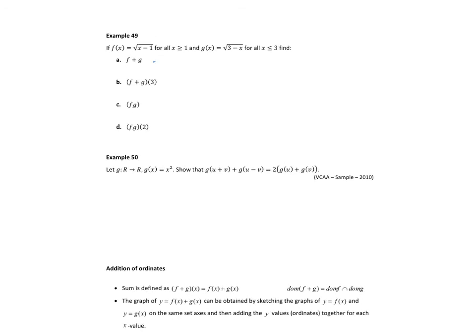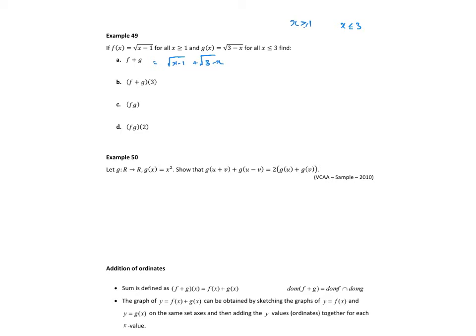F plus G is simply just root x minus 1 plus root 3 minus x. Okay. Let's talk about a common domain. Let's talk about the domain for all of these. So the first graph is x is greater than or equal to 1. The second function is x is less than or equal to 3.